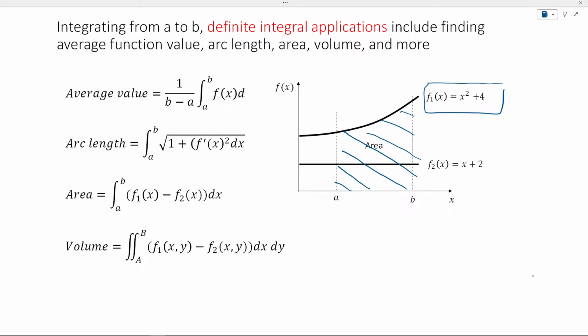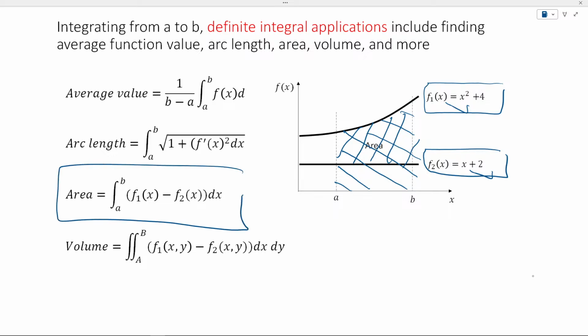If I asked you what is the area between these two curves, f of x1 and f of x2, well, that is simple. You find the area under this one and the area under this one. If you subtract this one from this one, that will give you this area here, which is this equation here.